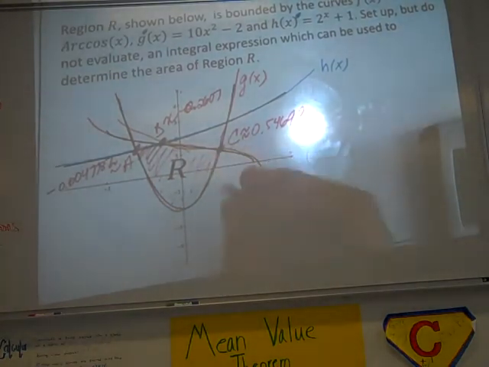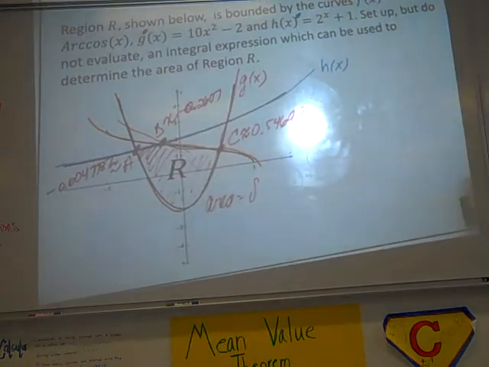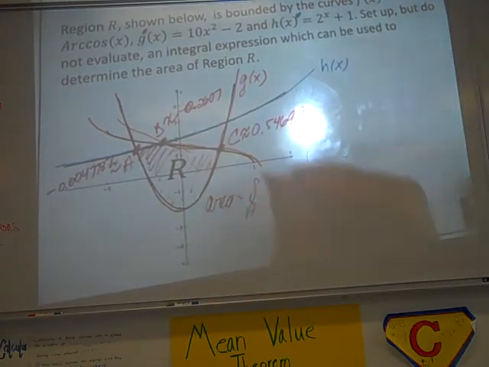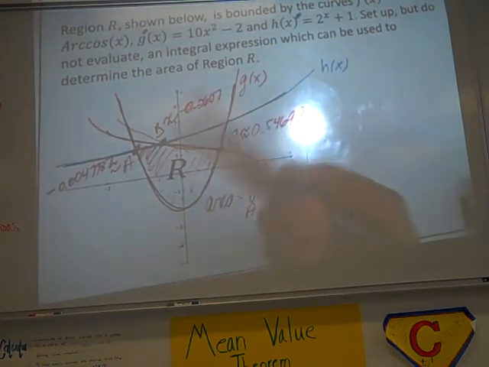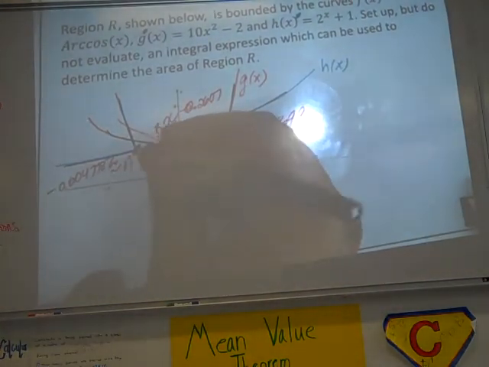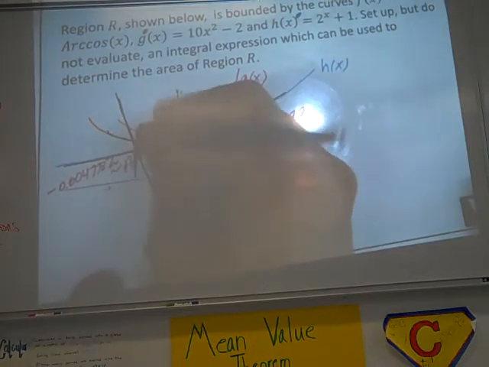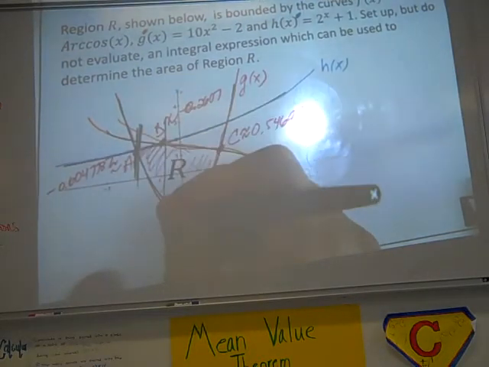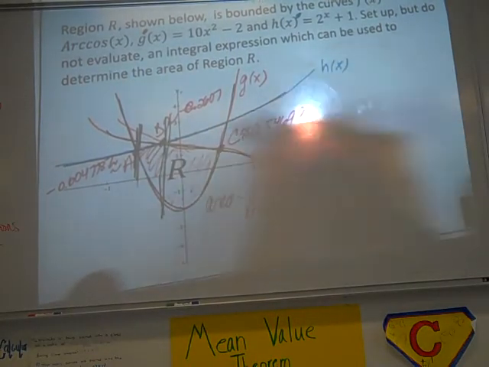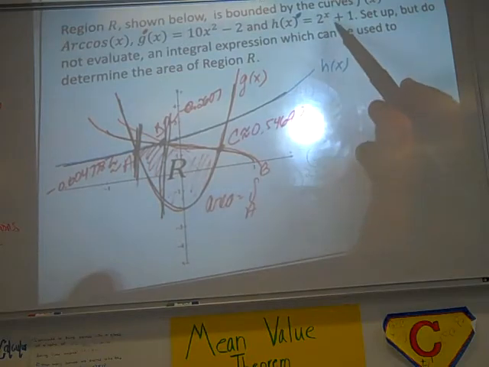Well, how do I find the area? If I want the area between two curves, I'm going to do an integral. From intersection point A to B, that's the integral that I want to do. I have to determine what my two curves are. From A to B, I can see that the top curve is h of x, the exponential.